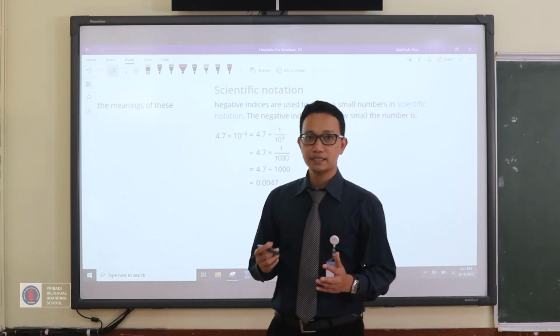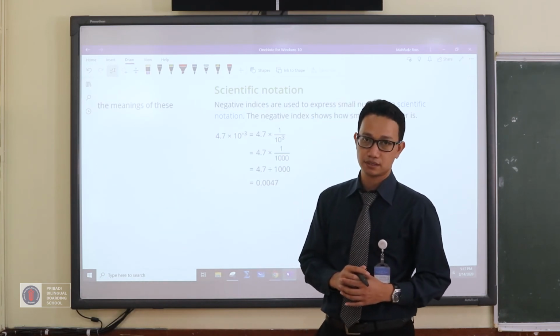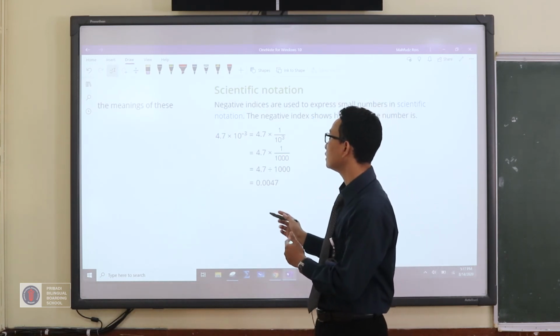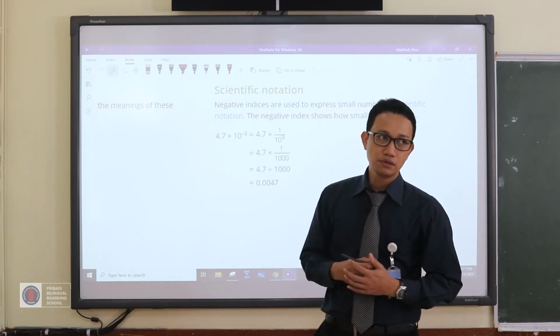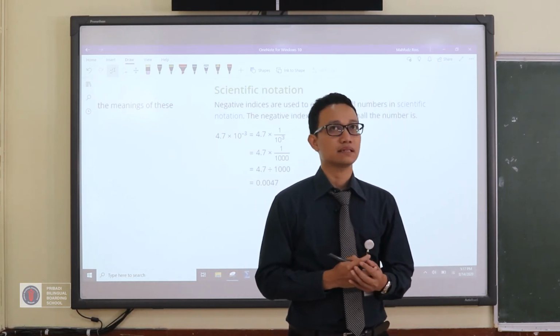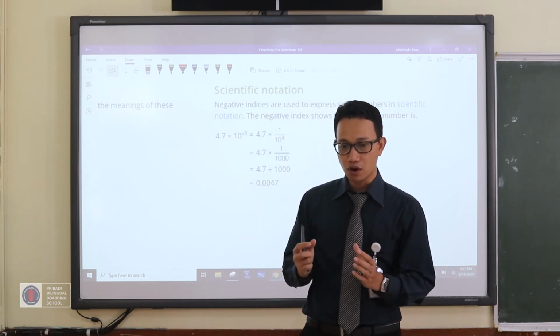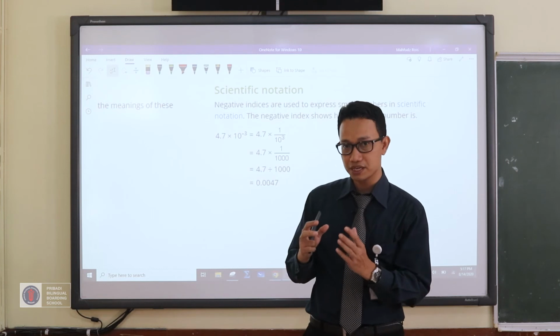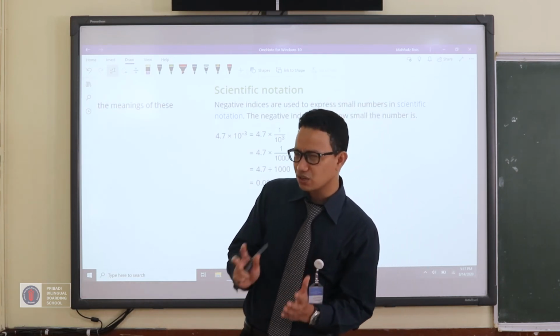Why do we need to study negative indices? This is for scientific notation. Why do we need scientific notation? Because if you imagine very small numbers, very small things, when we want to find the value or the measure, it's very close to 0.